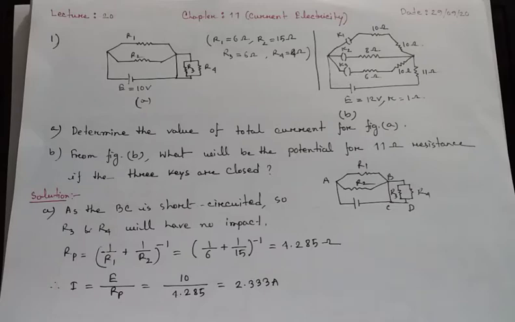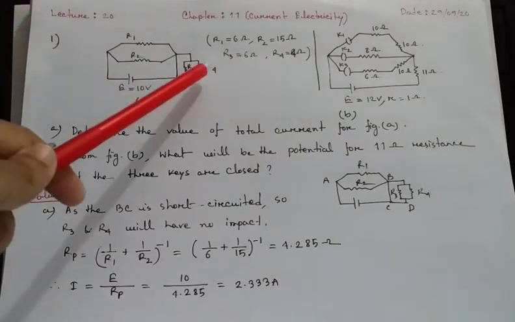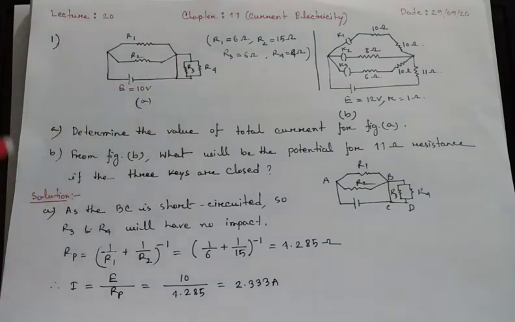First of all, here are two circuit diagrams in the picture. I think the diagram is clear to you. In our first circuit, two parallel resistors are connected, R1 and R2, and again two resistors are connected in parallel here, R3 and R4.